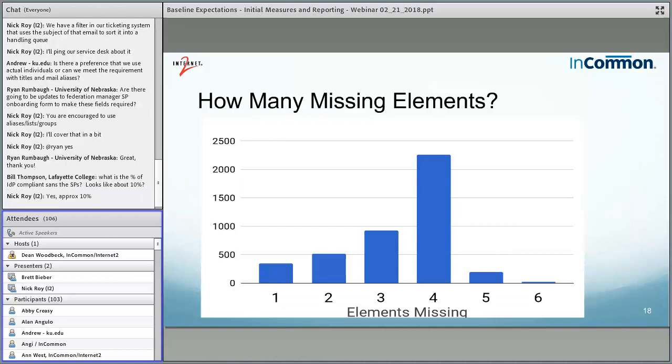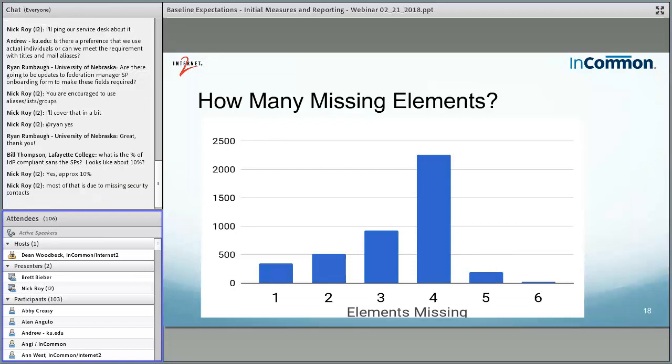If they can just add that one element inside the Federation Manager, we can have hundreds of entities meeting baseline expectations. Similarly, for two missing elements, there are over 500 entities in the Federation that only need to go into the Federation Manager and make adjustments or add items.